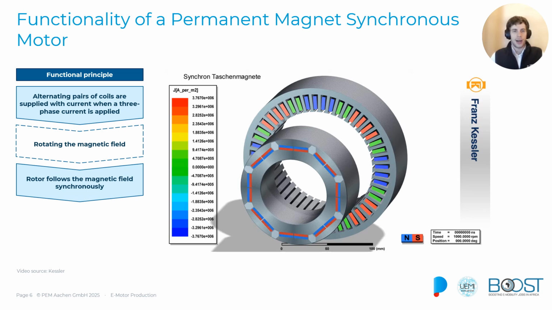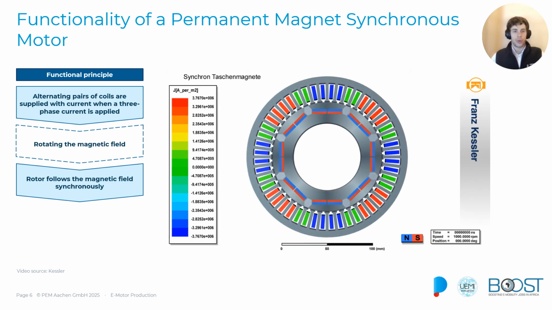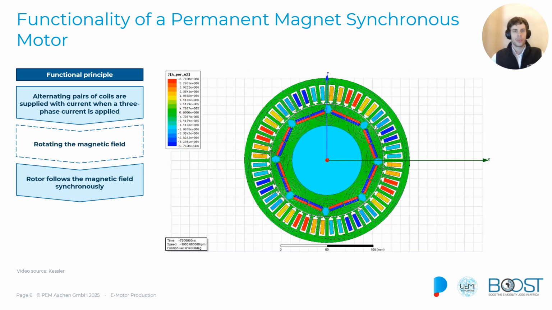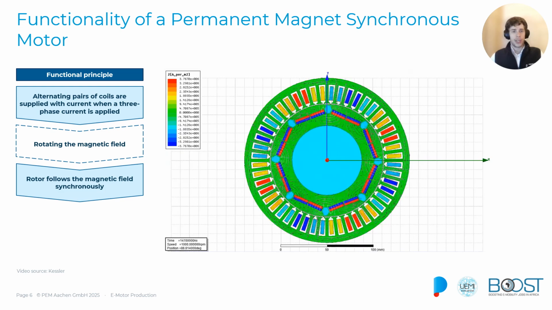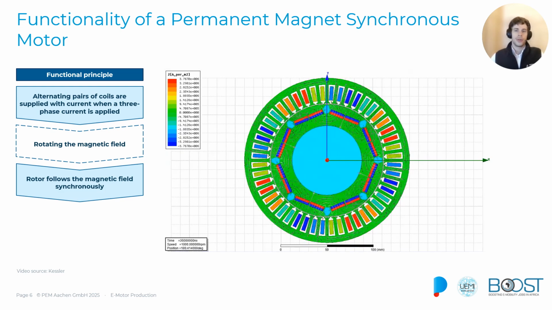And let's see how it looks in a slow motion simulation. We put the rotor into the stator and we see 8 pole pairs marked as red and blue. The stator poles are moving through the switching current flow.